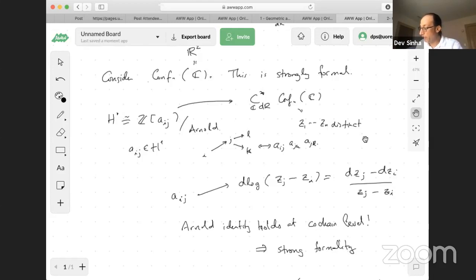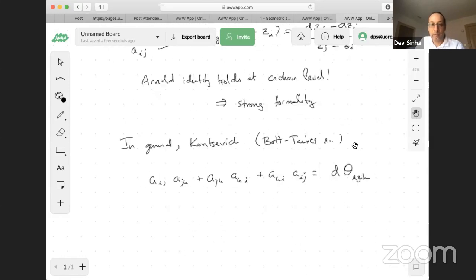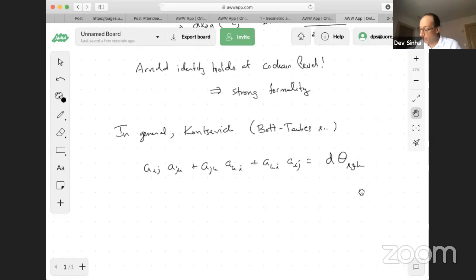I'll call it theta ijk. And the fun thing is, instead of all of these indices everywhere, Aij Ajk would be represented by a graph where i is connected to j and that's connected to k. And then I've got the cyclic permutations.